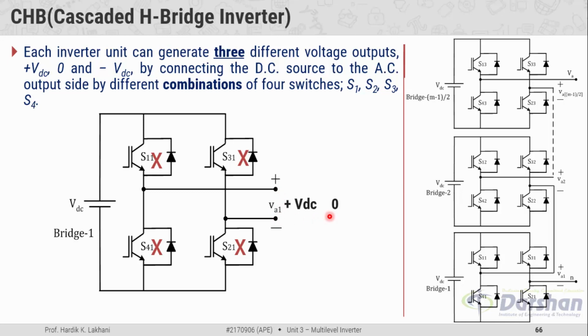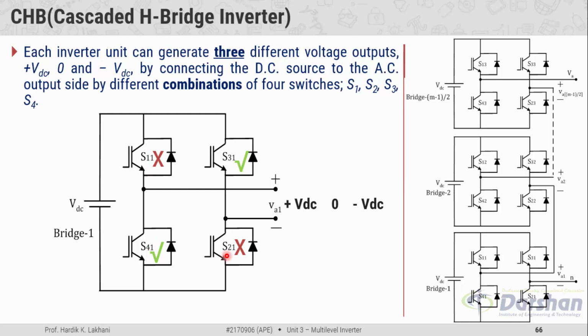Now, to produce minus VDC across the output terminal, S31 and S41 must be triggered simultaneously while keeping S11 and S21 in the off state.